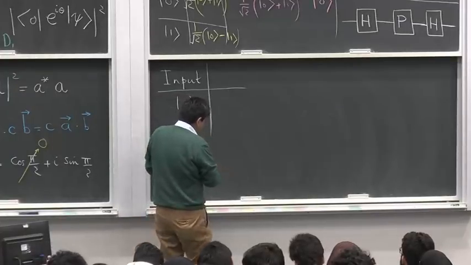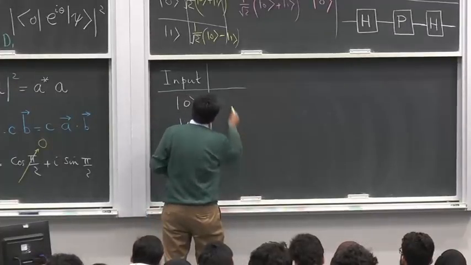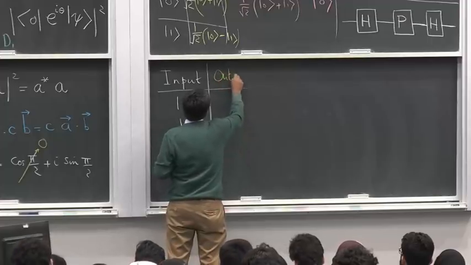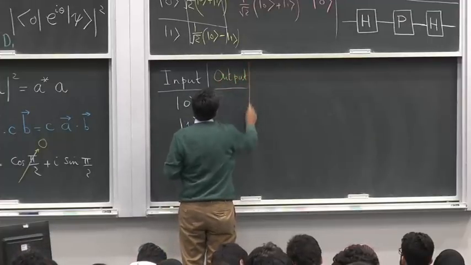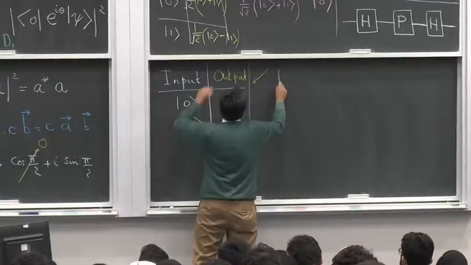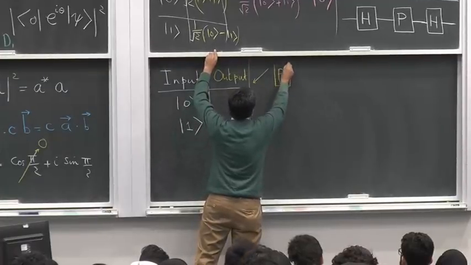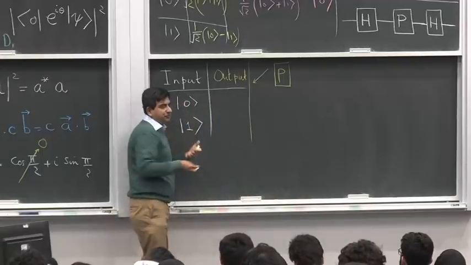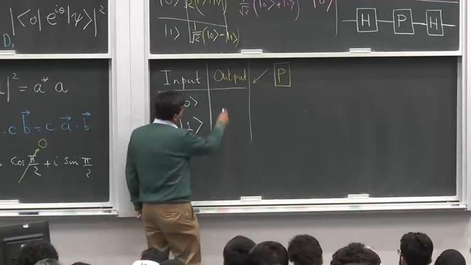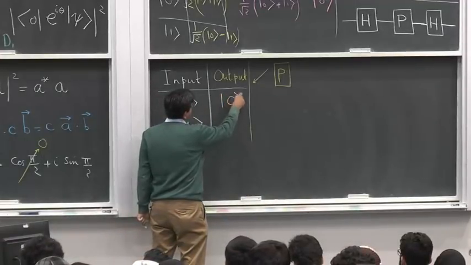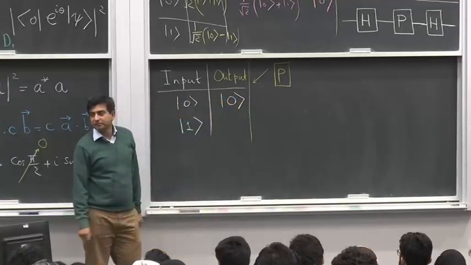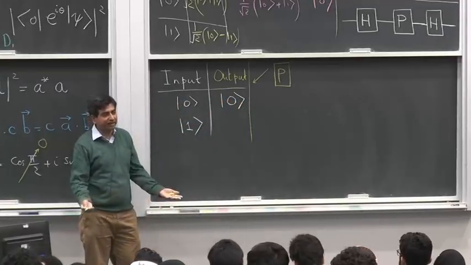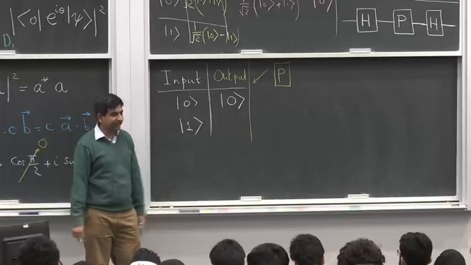They are all there is to be known. And I define the output of the phase gate. So this is the truth table for a phase gate. If my input is 0, my output is 0. It does nothing to the input 0. I'm defining it in this fashion.